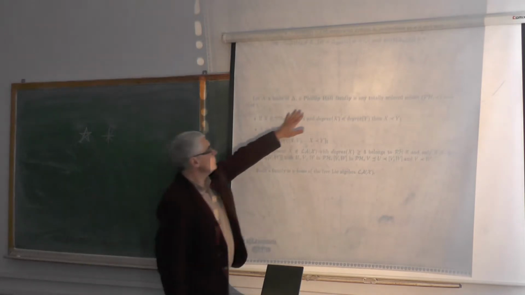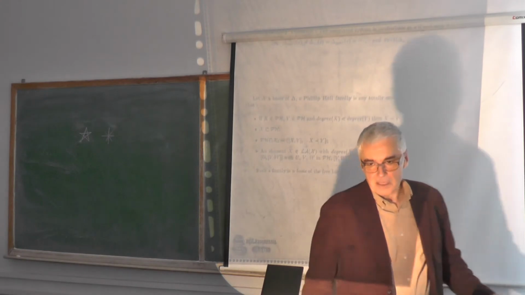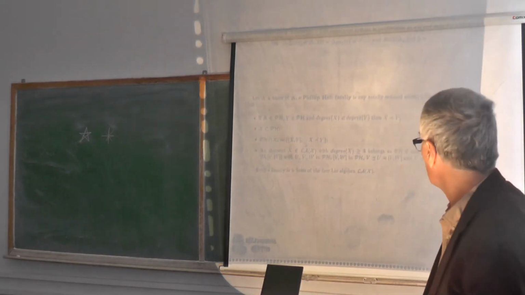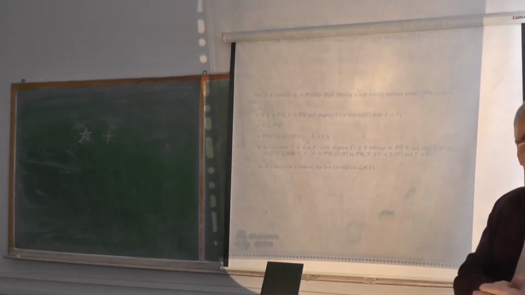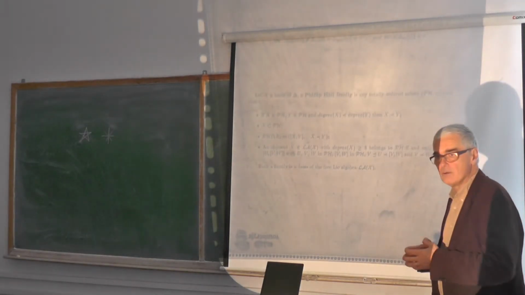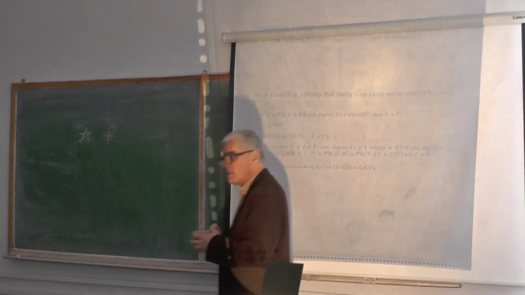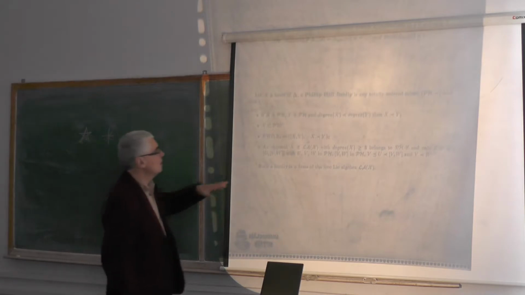Then this is the notion of the Philip Hall family that has a very, very accurate definition. Then this is combinatorics at this level. This is no more differential geometry. This is purely a combinatorial issue in the free Lie algebra.